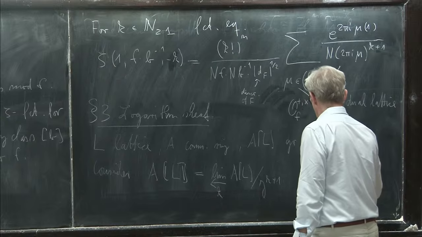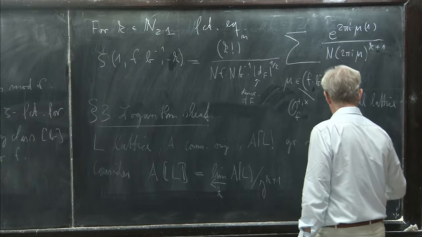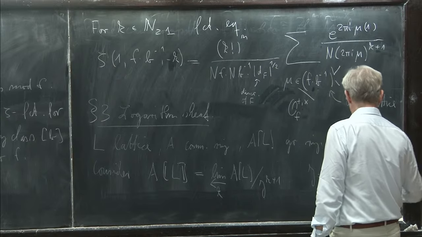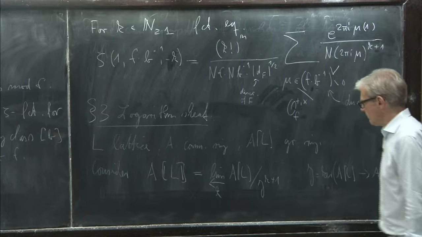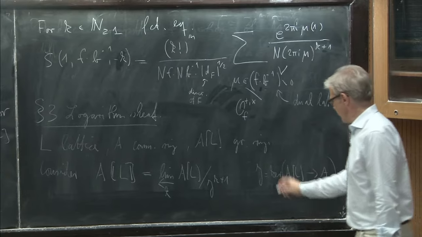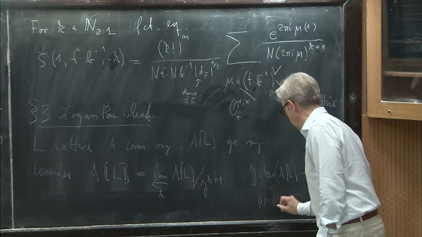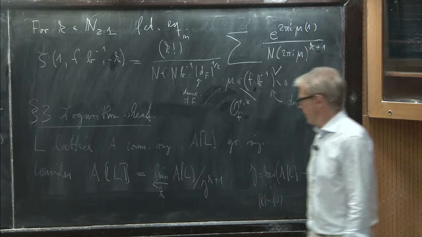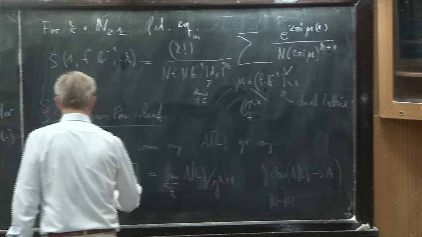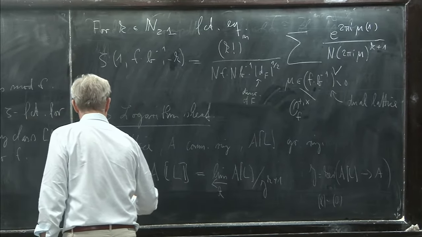And J is the kernel of the augmentation of the group ring to A. So this is generated by symbols [l] minus [0] here in the group ring. And I take this completion, this is a completion of this ring.